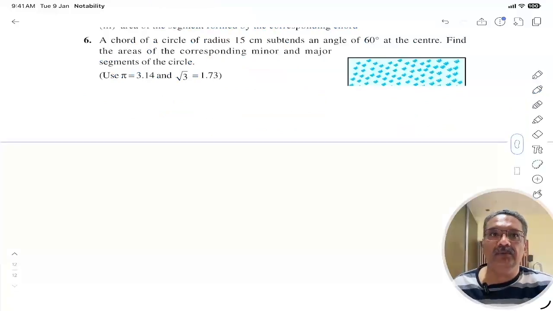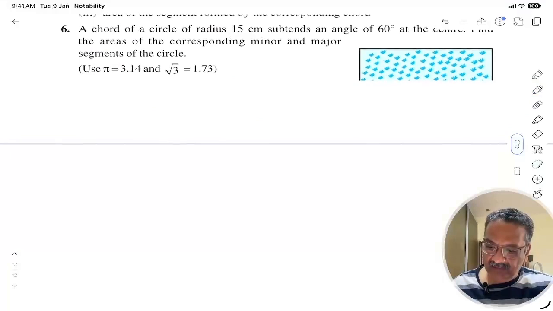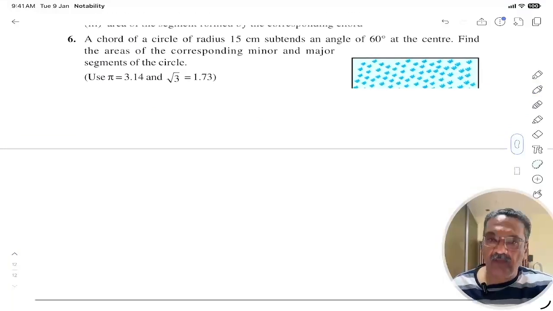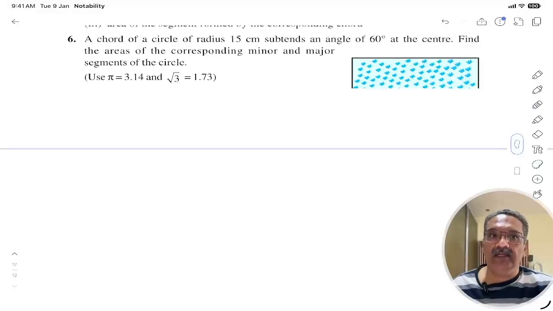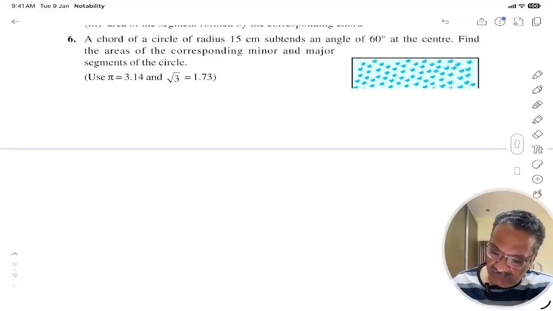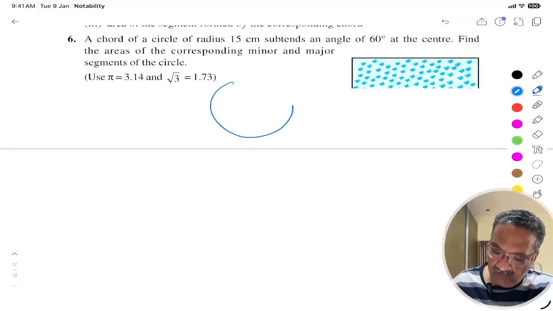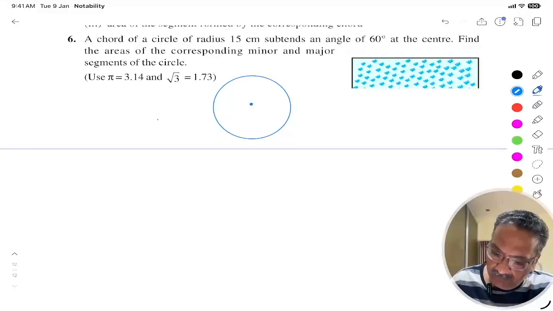Now let's come to question number 6. What does it say? A chord of a circle of radius 15 centimeters subtends an angle of 60 degrees at the center. Okay, so they have given a circle. We have a circle and there is a chord of 15 centimeters.